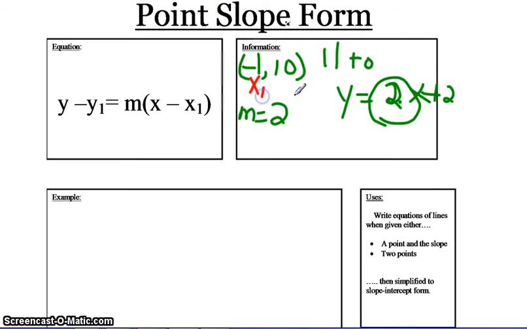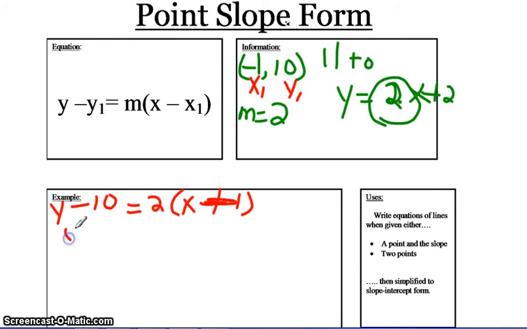There's x1, y1, and so I'm going to plug in y minus my y coordinate, which is 10, equals my slope, which is 2, times x minus my x coordinate, which is negative 1. And you remember from 7th grade math that when we subtract a negative, it really means to add a positive. So that's x plus 1. And now I'm going to simplify my equation.